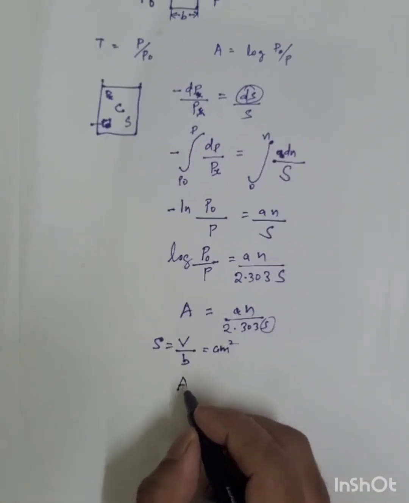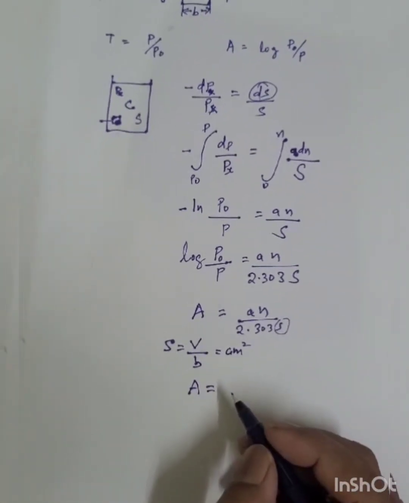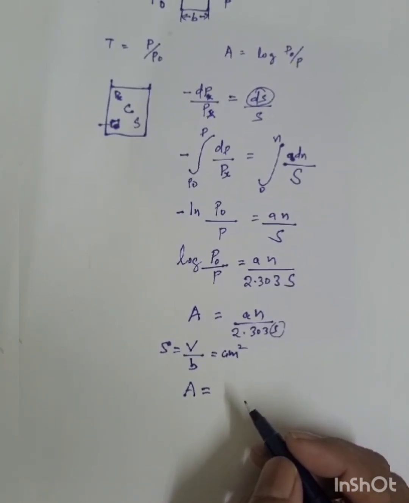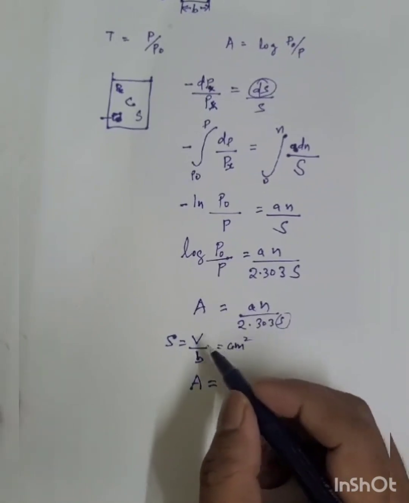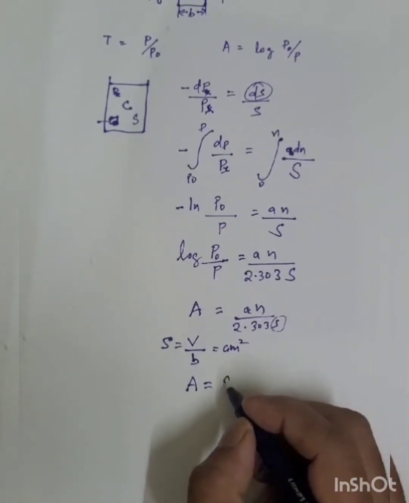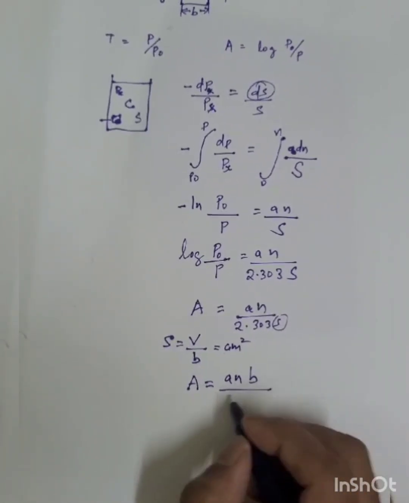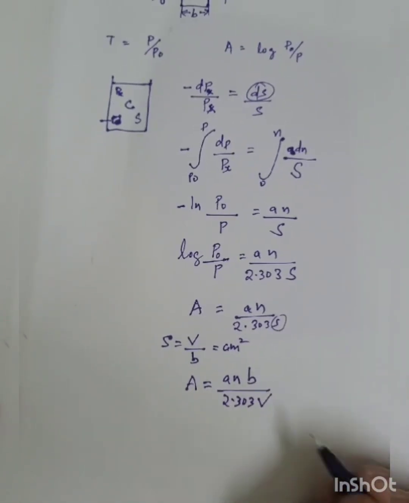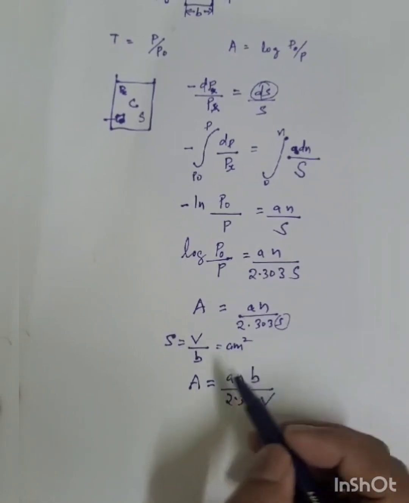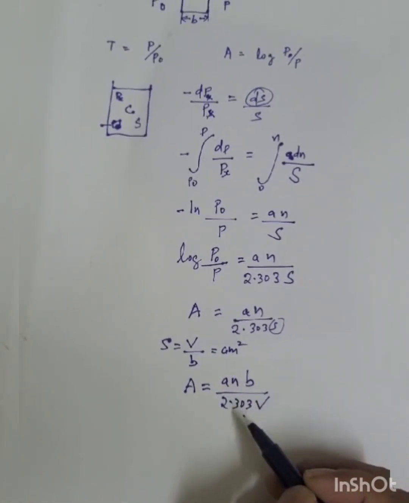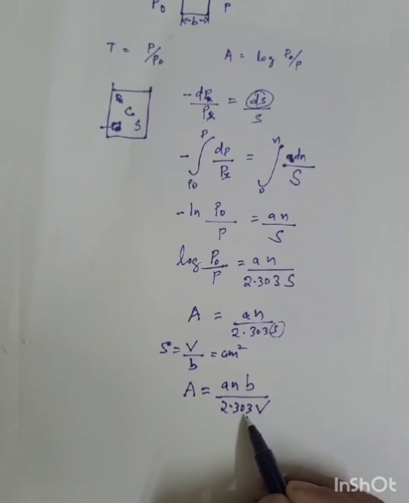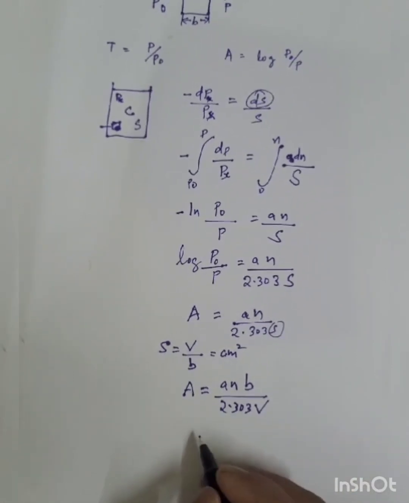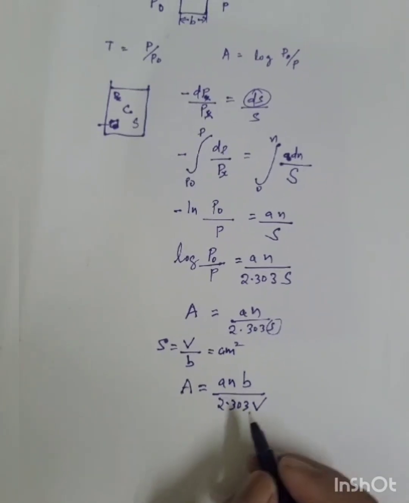So log P0 by P, that is A, is equal to a n b by 2.303 V, substituting S with V by b. S is in the denominator, that's why I am writing V by b like this. Finally, what is n by V?